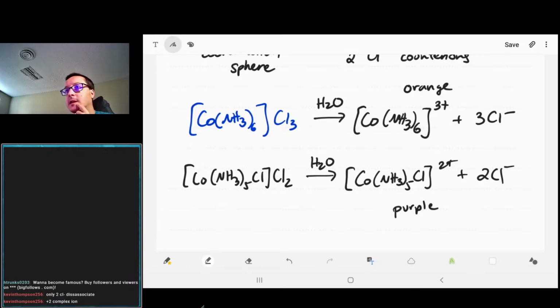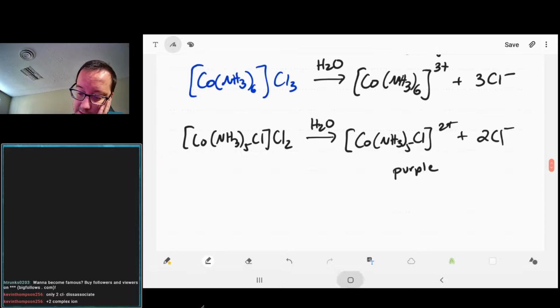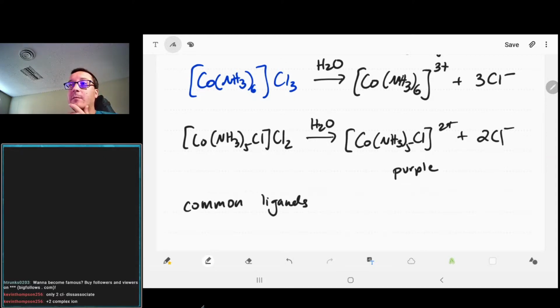Anyways, what was I going with this? Okay, so that was the vocabulary stuff. With these, we can now talk about various ligands. And we're going to see that most ligands are either going to be neutral or they're going to be negatively charged, because remember, they do have to have a lone pair.